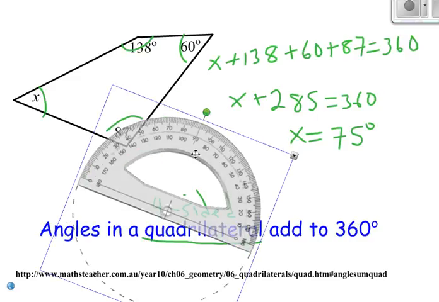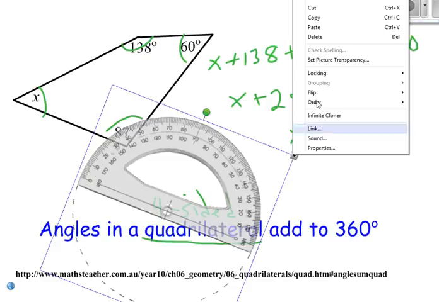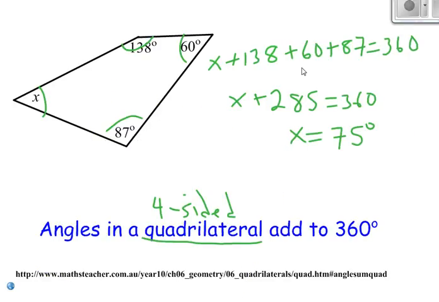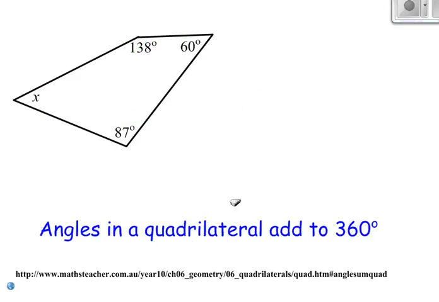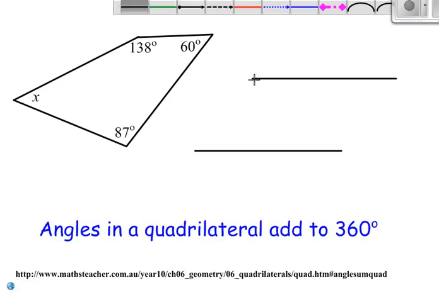Okay? I want to say one other thing about angles in a quadrilateral, and that's if we have a special quadrilateral called a parallelogram, then of course the angles add to 360, but something else happens too, which makes for a lot of interesting shortcuts: in a parallelogram, angles add to 360, but it's also true that opposite angles are equal.